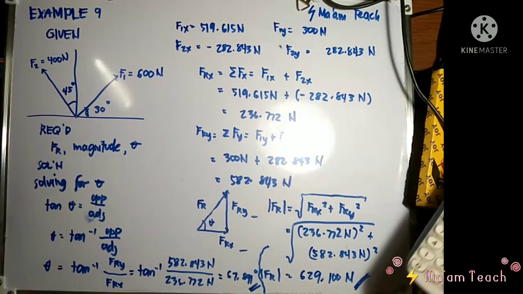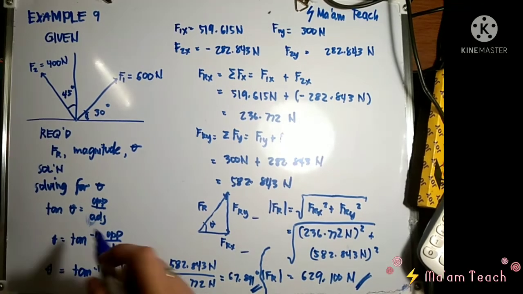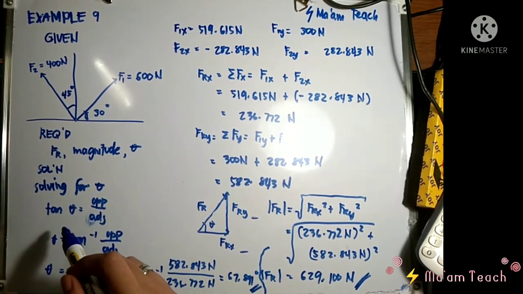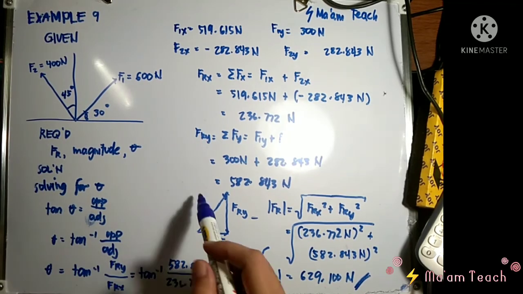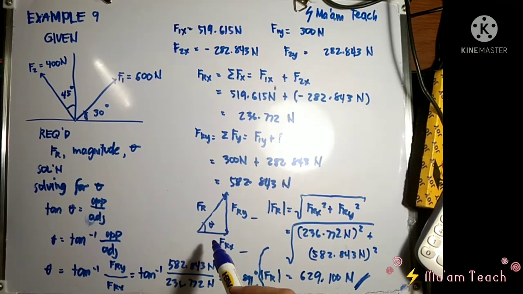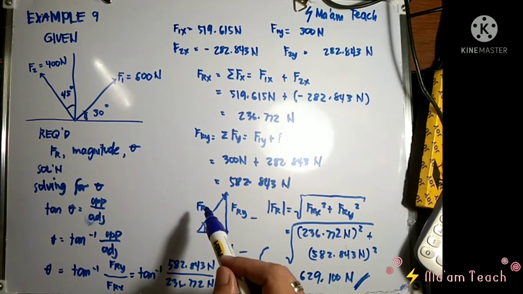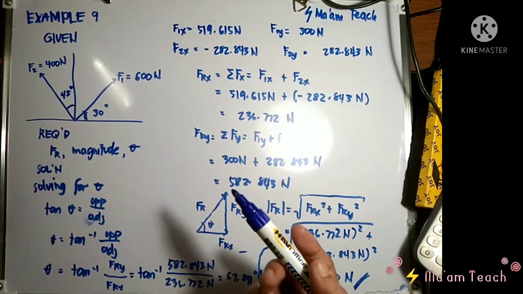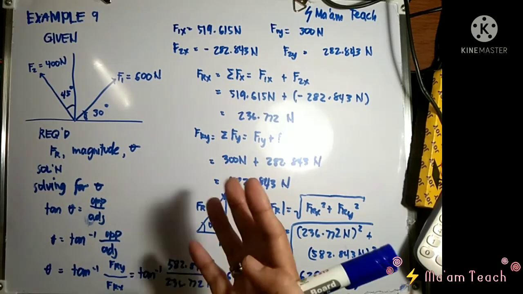Now, question: ma'am, can I use cosine theta or sine theta here? It's because, ma'am, I have already solved for F sub R. Can I use it? Because there is an adjacent and hypotenuse, or maybe opposite and hypotenuse, so can we use it? Well, class, yes, you can.